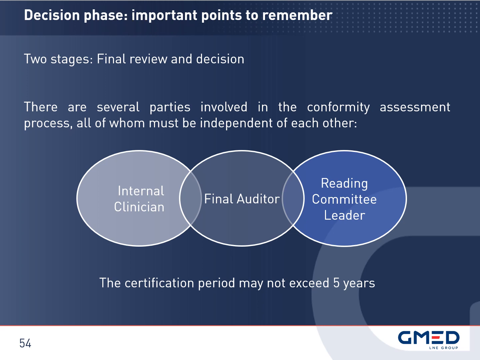During these two stages, several parties authorised by the notified body and independent of the conformity assessment activities carried out participate in the decision making phase. These include an in-house clinician, a final checker and a peer reviewer. When a certification decision taken by the notified body is favourable to issue of one or more certificates, the duration of certification may not exceed 5 years.